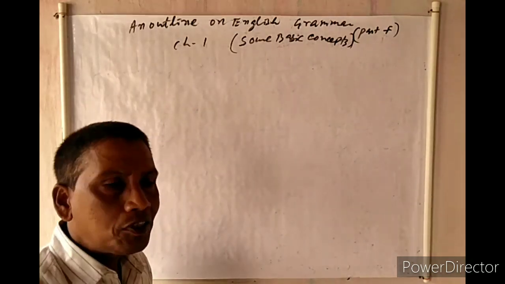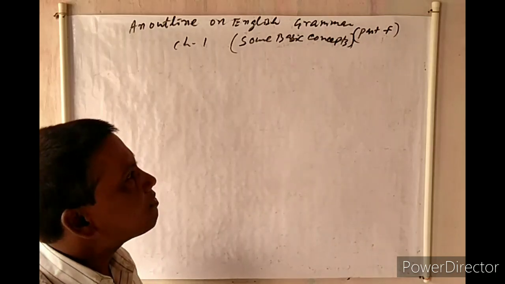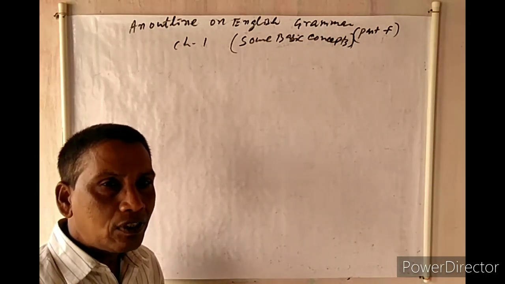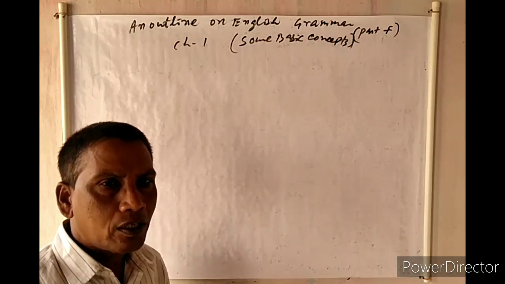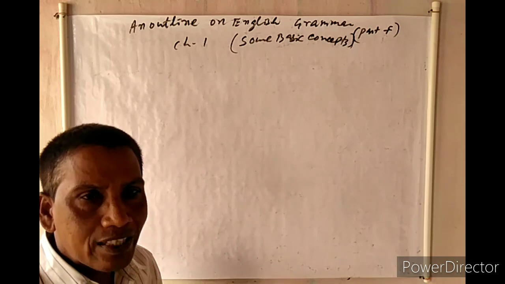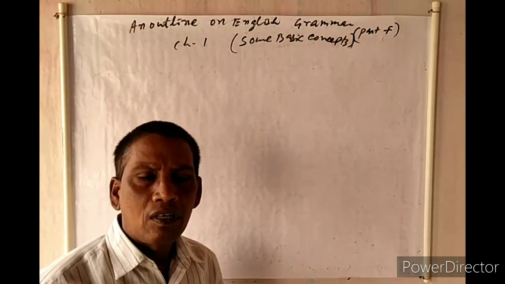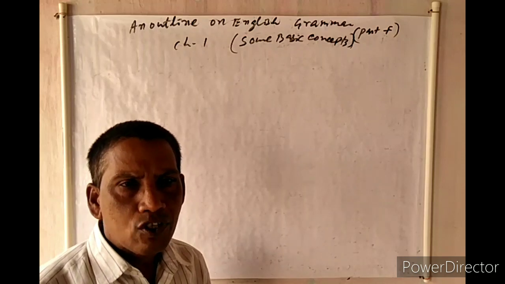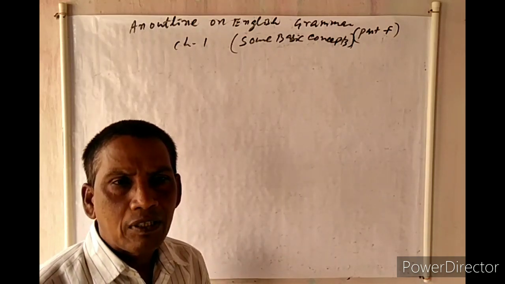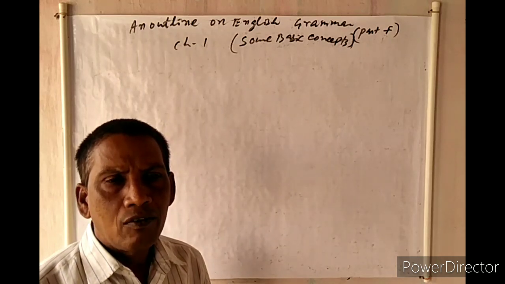Again, to make you more comfortable, I want to say something about what basic concepts means. It means why we are studying this chapter, because we have to acquaint ourselves with what we have to learn in grammar. Unless you know what things you are going to learn, and on what facts you should base your study, your sincerity towards studying grammar will not evolve so much.